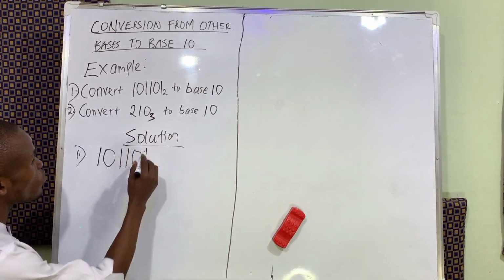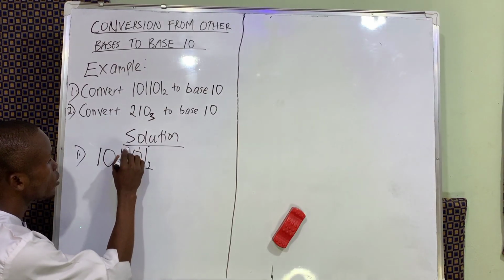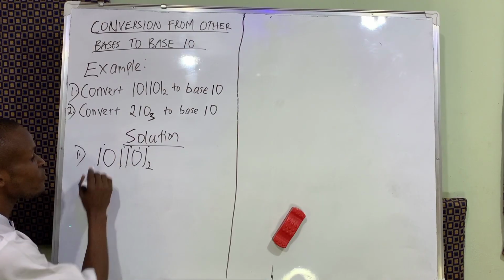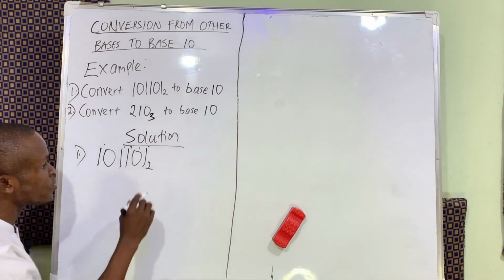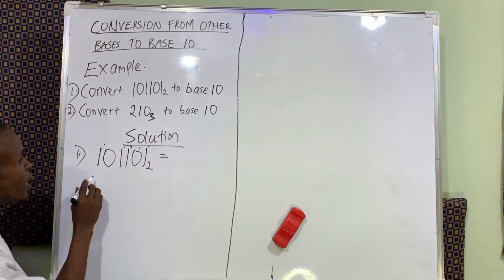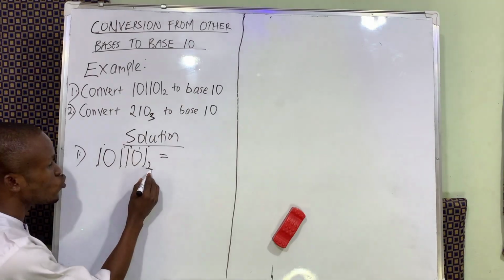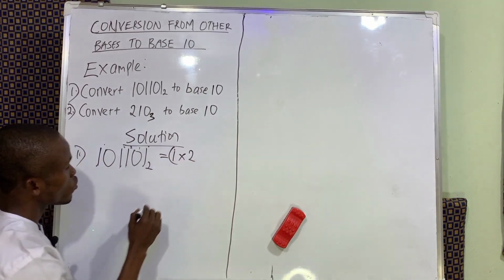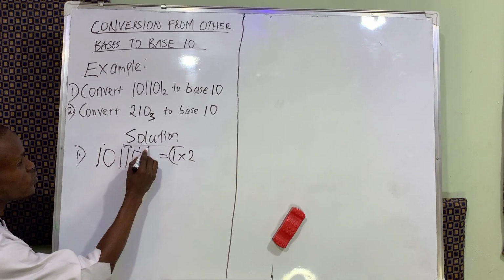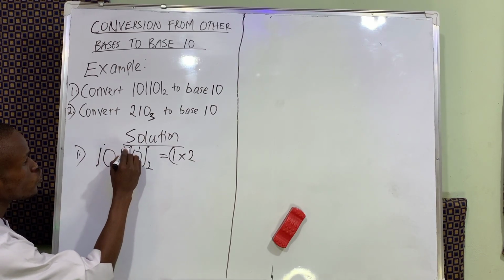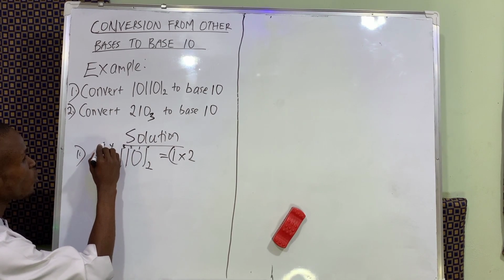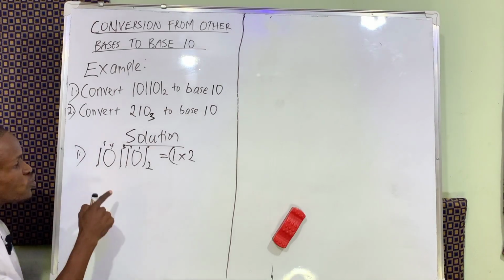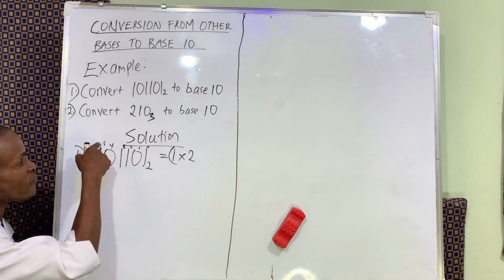If we attach 0, 1, 2, 3, 4, and 5, that implies this is equal to 1 times 2 to the power of 5.